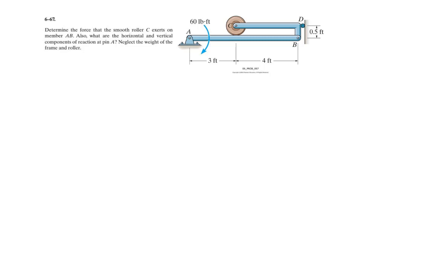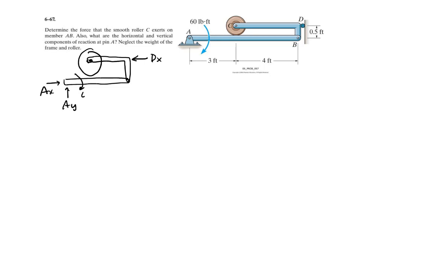I'll duplicate what we've got here, and I've got another component like that. There's going to be a force at D, Dx, then forces here at A, Ay and Ax, and of course the couple of 60.